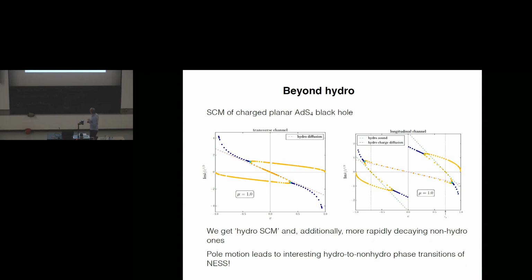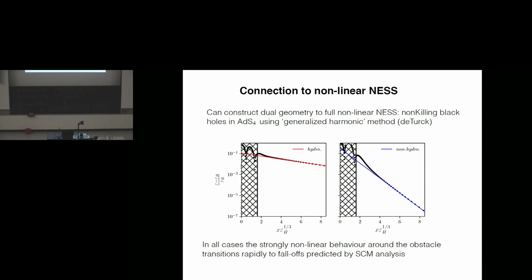If you have more questions about it, ask me, because I want to go ahead and not talk about the specific phase transitions, since I haven't really told you that these things are relevant to the nonlinear regime. Maybe you believe me, but here is some convincing evidence, just part of the evidence that we have, from actually constructing the full nonlinear bulk solution that is dual to these flows.